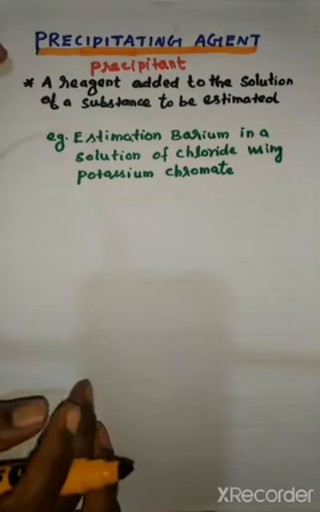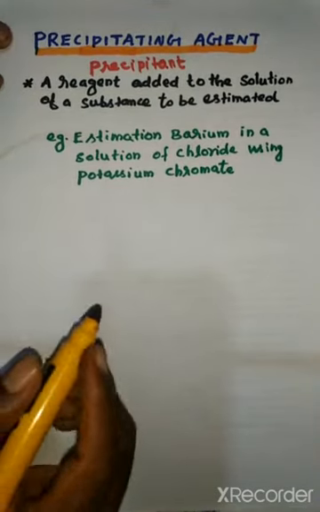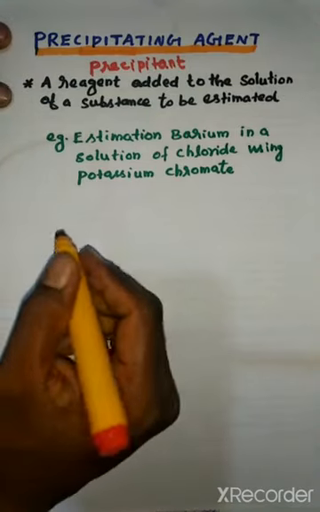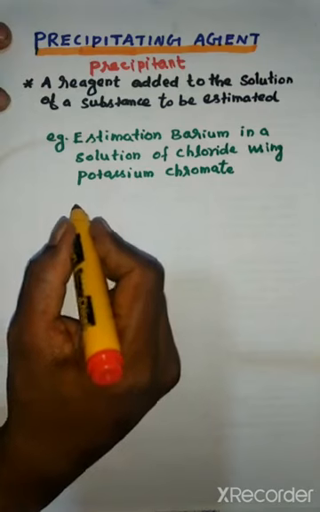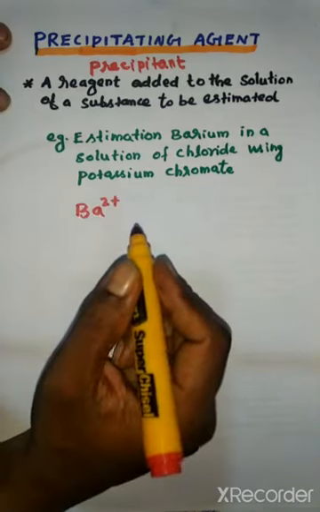For example, the estimation of barium in a solution of chloride using potassium chromate. When we are estimating barium, it is present in the form of the barium 2 plus ion.